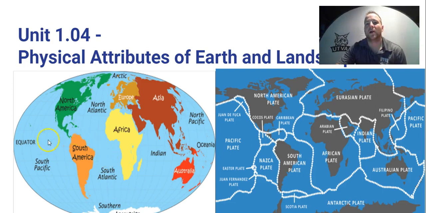And then we also have our different oceans: our Pacific, right here, our Indian Ocean, our Atlantic Ocean, our Southern Ocean, which is down by Antarctica, and our Arctic Ocean. The Southern Ocean is the one that most people miss.